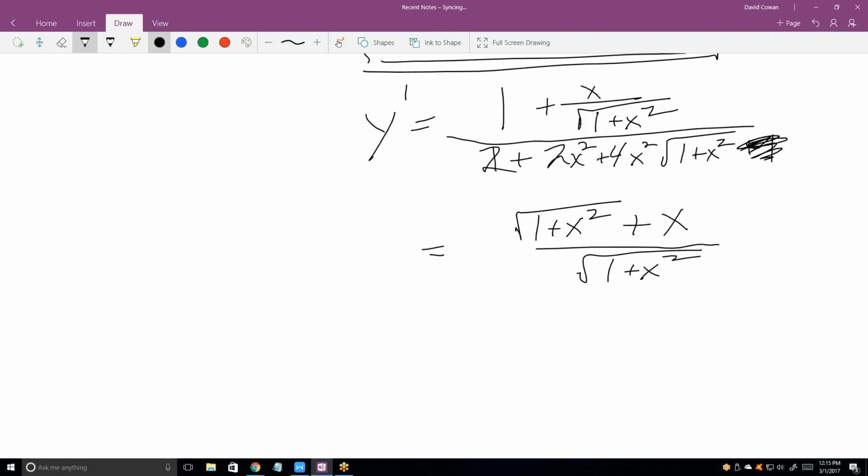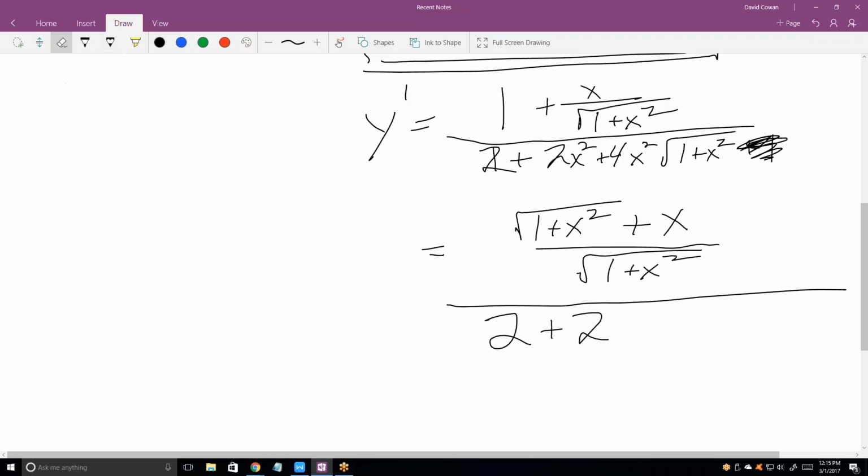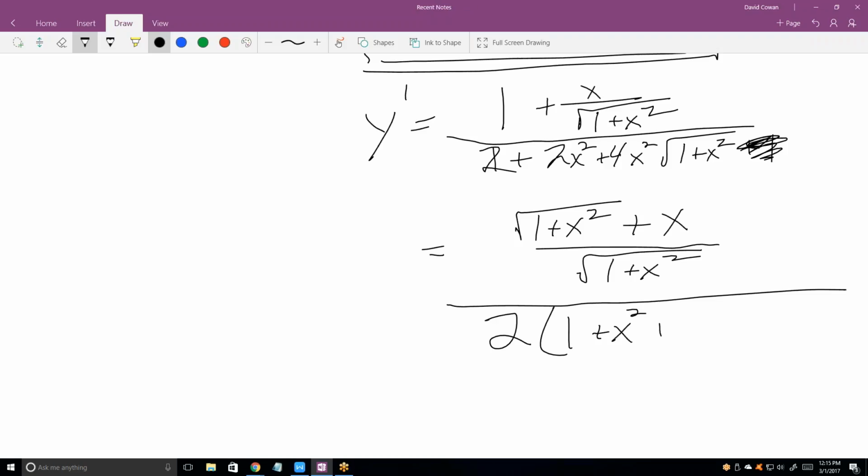So that's my new numerator after I combine the fractions. My new denominator is 2 plus 2. Now let's factor out the 2. Maybe it'll help. Because I got a 2 there, a 2 there, and a 4 there. So that leaves 1 plus x squared plus 2x times 1 plus x squared.